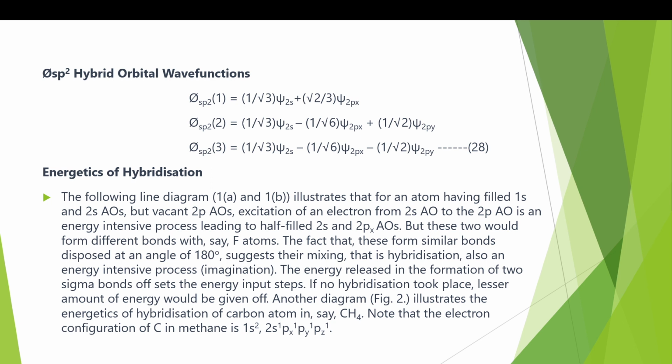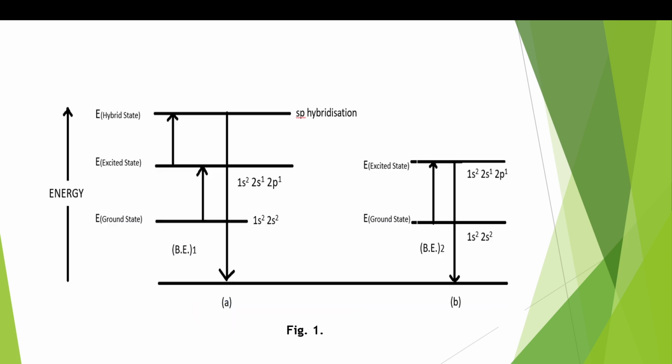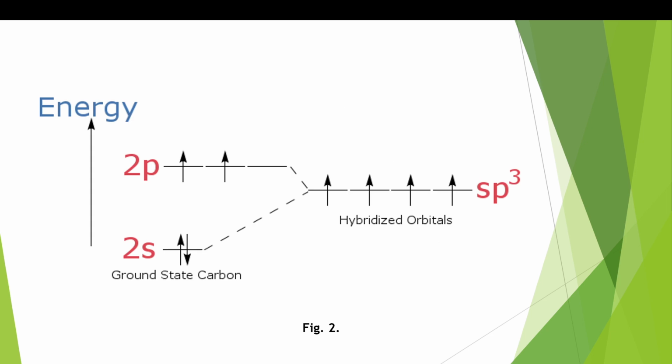Another diagram, figure 2, illustrates the energetics of sp3 hybridization as in case of methane. Figure 1 clearly explains that the process of hybridization leads to more stable molecule formation than without hybridization. Figure 2 explains the methodology of sp3 hybrid orbital formation.